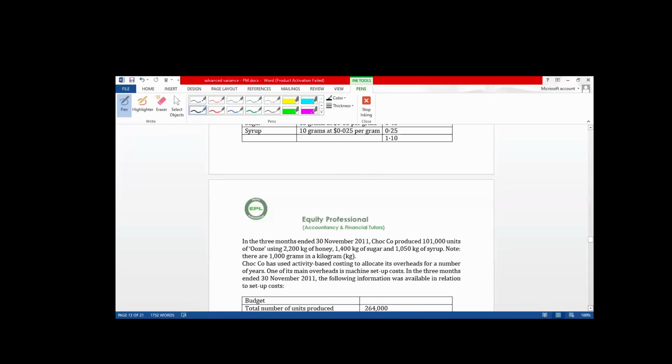Actual production is 101,000 units, using 2,200 kg of honey, 1,400 kg of sugar, and 1,150 kg of syrup. Note, there are 1,000 grams in a kilogram.